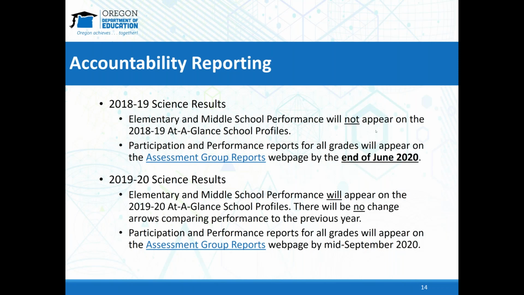The at-a-glance profiles for 19-20 will be available within the ADI application on July 30. The AGR Summary tab in the ADI validations for 19-20 will appear on August 13, and the 19-20 validations are open through August 21st. Do we have any questions?